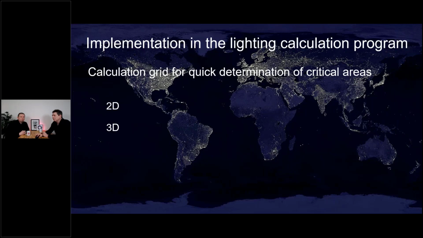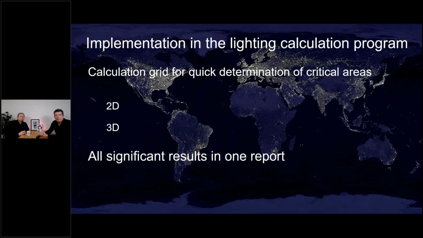So some kind of a false color cloud, not just an area, but a measurement volume, as we called it in the past, which you can see in 3D, where you have critical areas.